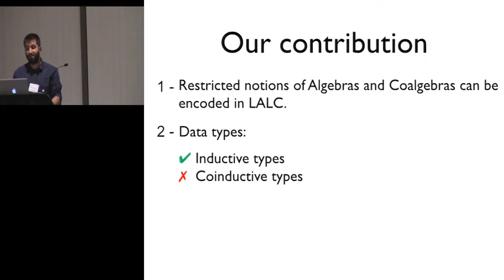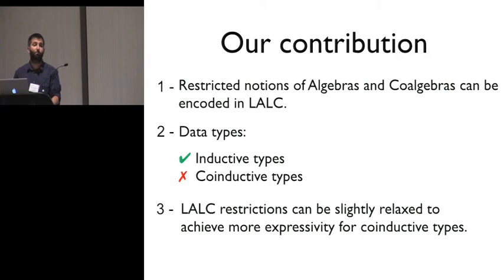So as a third step, we show how to relax the restriction of this language in such a way that we can achieve more expressivity, and we can now have co-inductive types. Okay, after this sneak preview, let me go a bit more into the detail after a glass of water.